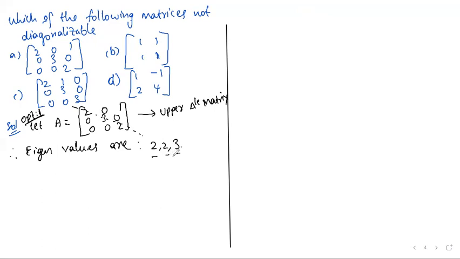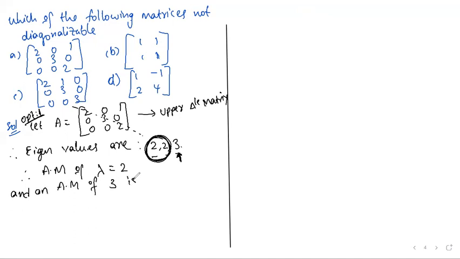Now, the algebraic multiplicity of lambda 2 is 2, because 2 is repeated. And the algebraic multiplicity of 3 is only 1, because 3 appears only one time. So we don't have any problem with the algebraic multiplicity being 1.